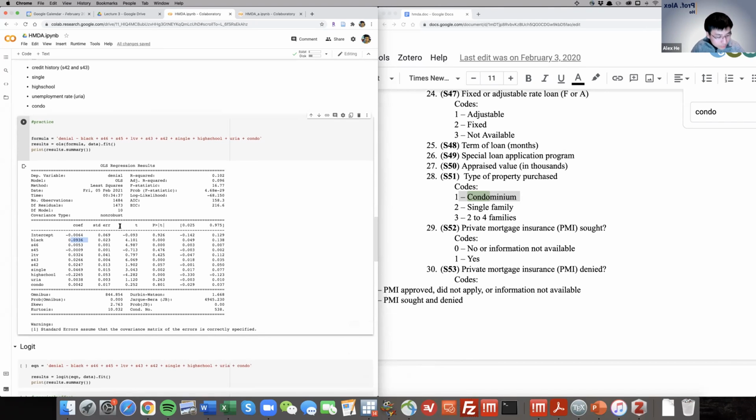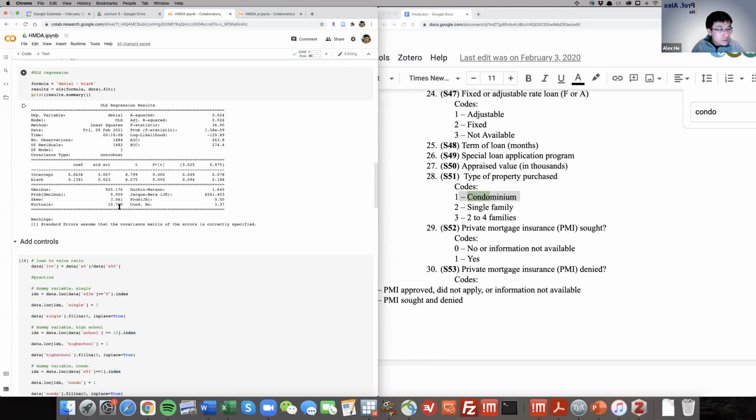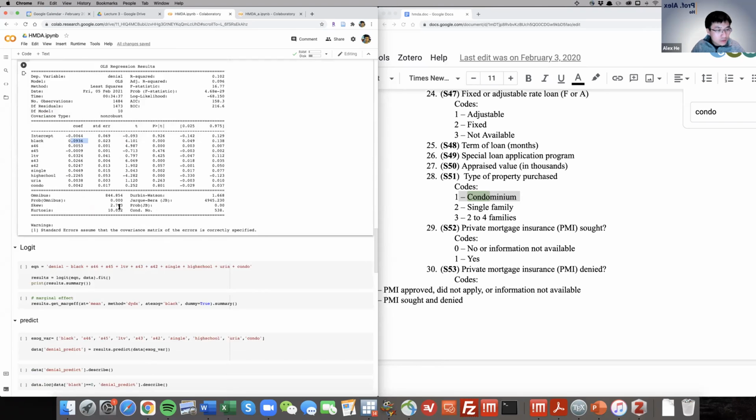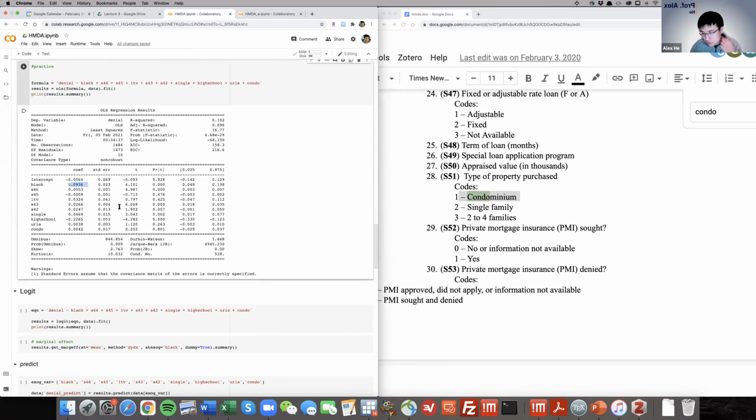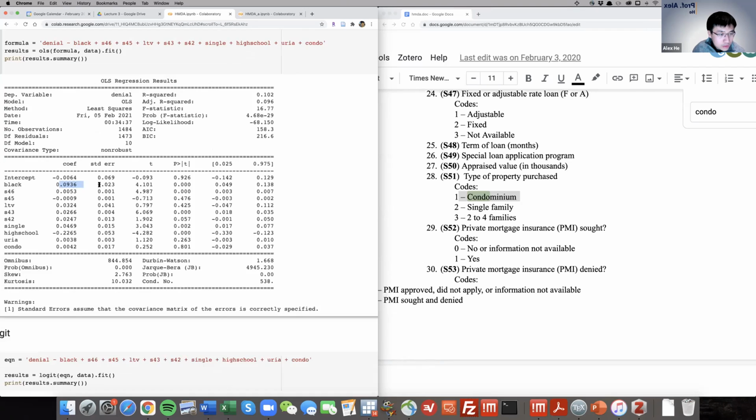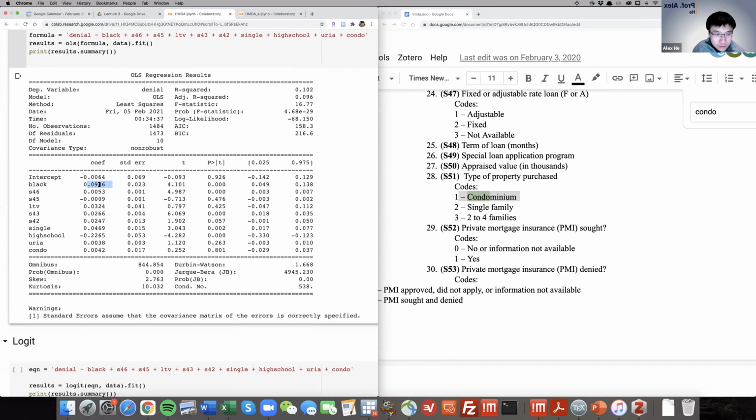Is that smaller than before or bigger? Smaller, right? Before we had something like 14%, and now it's 9%, so it's definitely smaller. When adding all of these controls, they sort of absorb the effect of the black variable a little bit, but still we see a 9% difference.